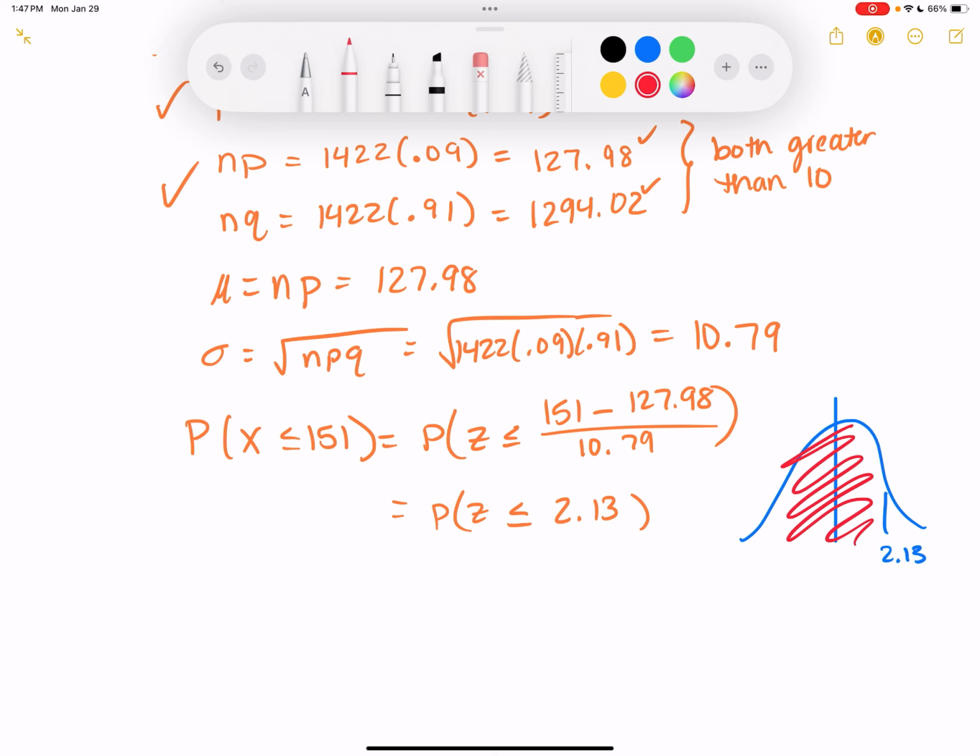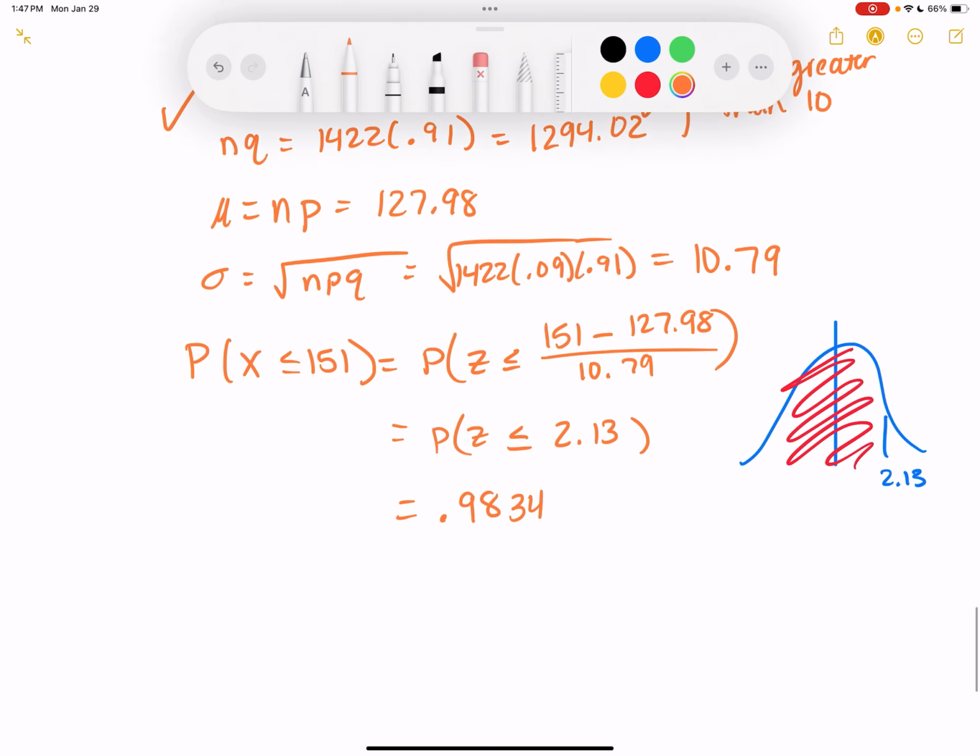So this is 0.9834. So that means, in conclusion, that there's a 98% chance that no more than 151 are good.